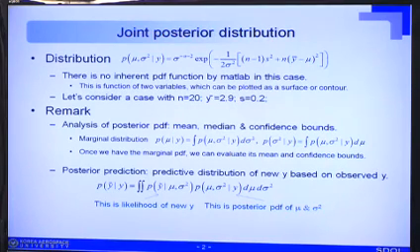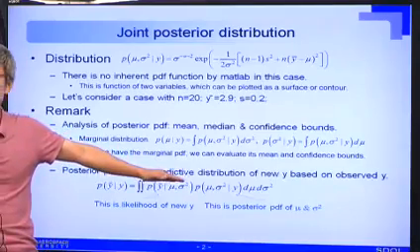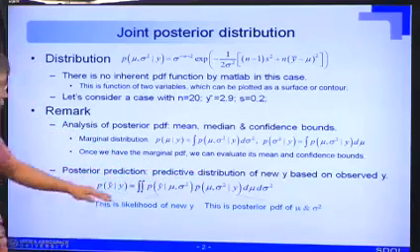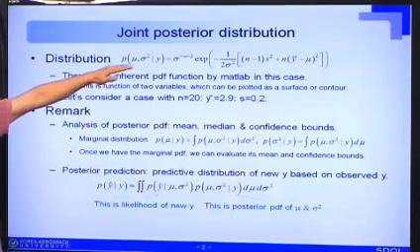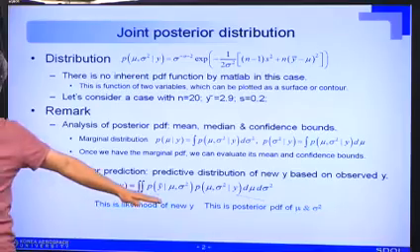Also, we can move to the posterior predictive distribution because we have the posterior distribution itself. I told you the posterior prediction is to predict the future new behavior in the form of distribution based on what we got for the unknown parameters here. And the equation is defined in this form.